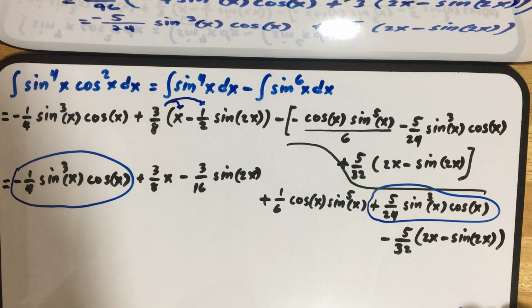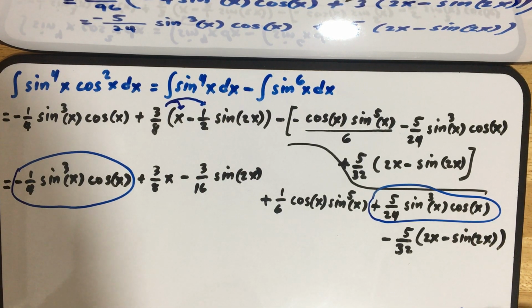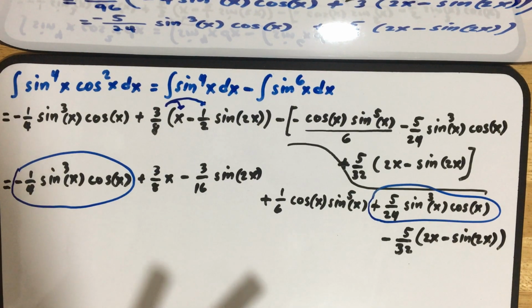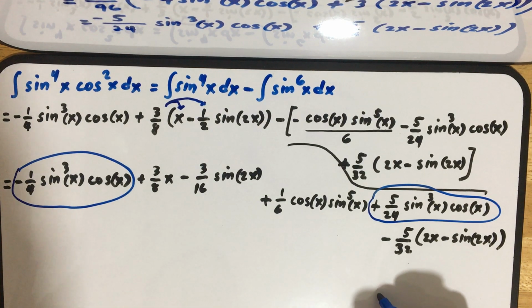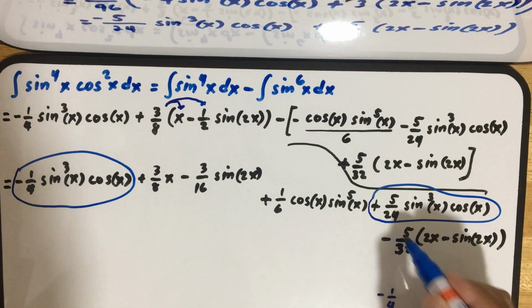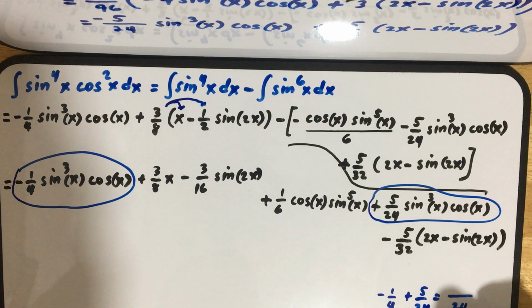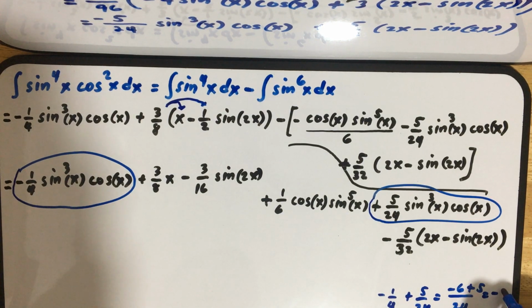If you find the LCD, it is 24. Okay, let me write it. So combining, we have the fraction that is minus 1/4, and here plus 5/24. Find the LCD. LCD is 24. So 24 divided by 4 is 6 times minus 1, so minus 6, then 24 divided by 24, 1 times 5 is 5, so this is minus 1/24.